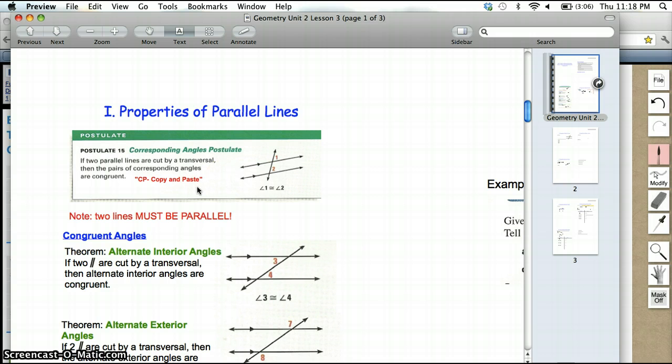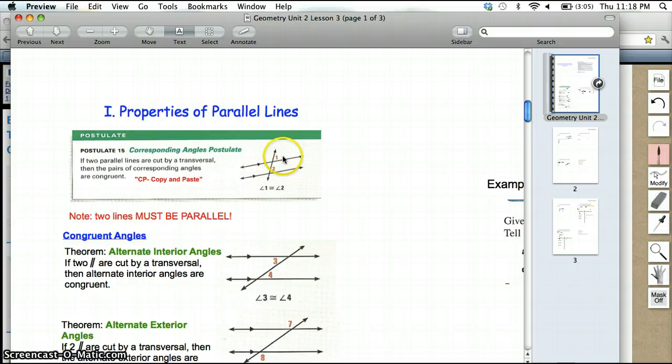When you're looking at this diagram, the outside parts are your exterior, and the inside, between your two lines, is your interior.